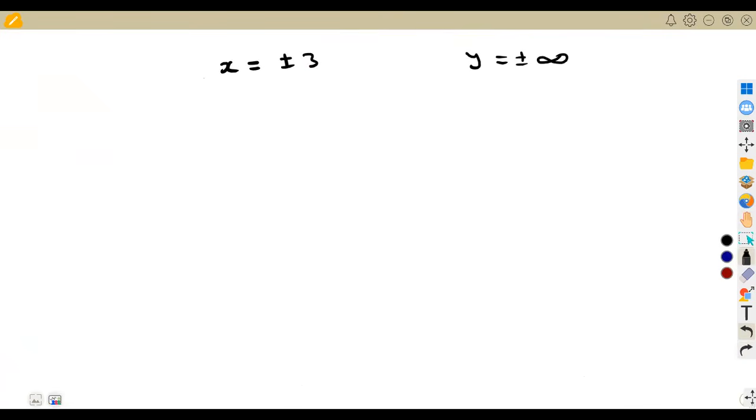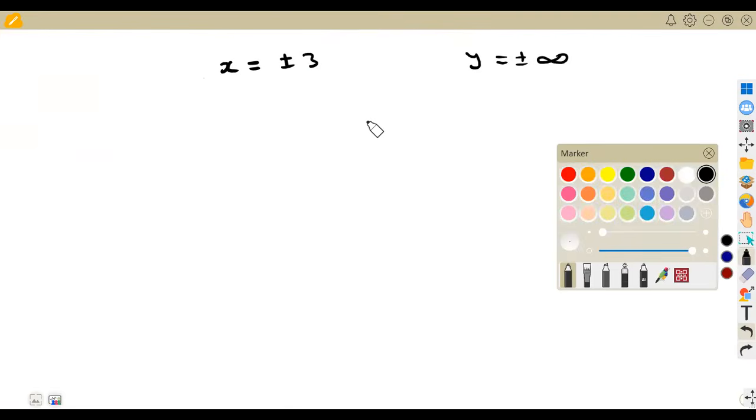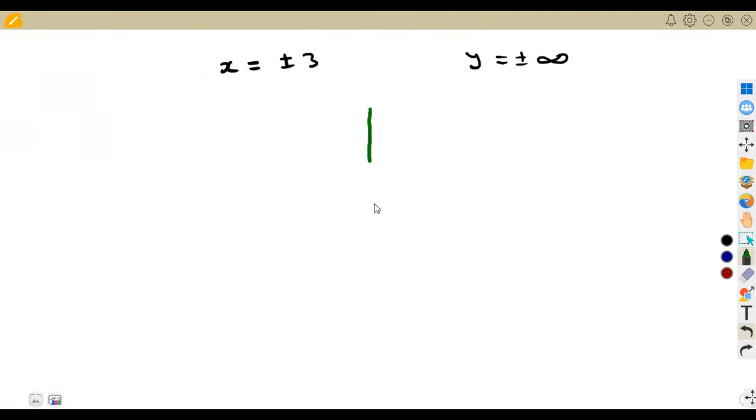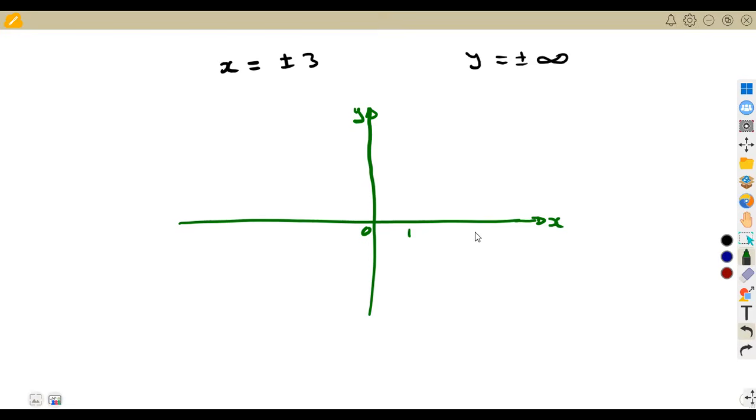Okay, this is our Cartesian plane where we're going to have our y and x axes. This is our x, this is our y. Let us consider our points 0, 1, 2, up to 3, and also 4, -1, -2, -3, -4, and so on.